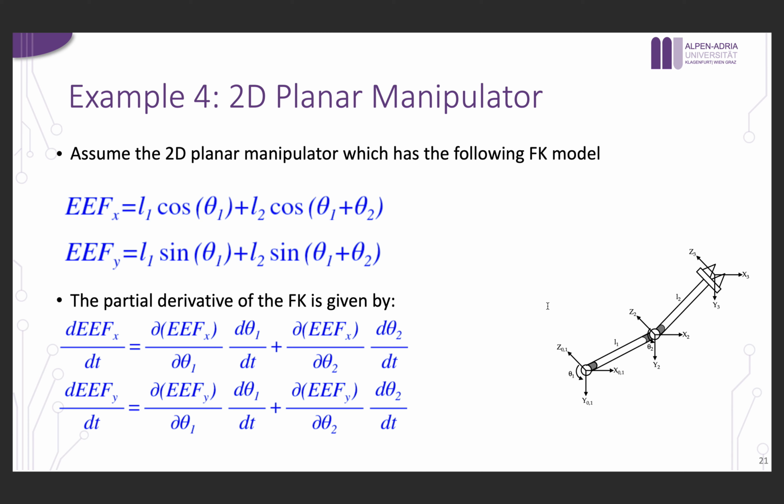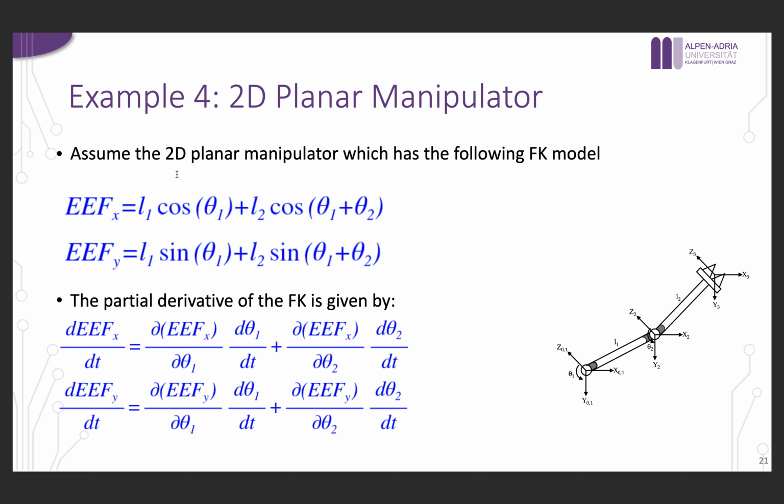So let's take an example and see how we can use the Jacobian to get the inverse kinematics. We have the same simple 2D planar manipulator, and here we have L1, L2 as the dimensions of the 2 links, and these are the coordinates, and we have theta 1, theta 2.